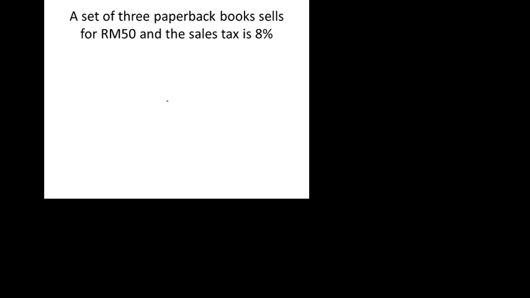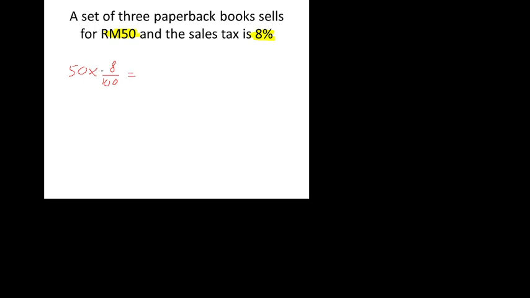Now this is another type. Previously was discount, now is sales tax. It's similar. In this case they sell for 50 ringgit, and the tax is 8%. Similarly you have two methods. First one is that you do 50 times 8 over 100, so we can get how much is the 8%.